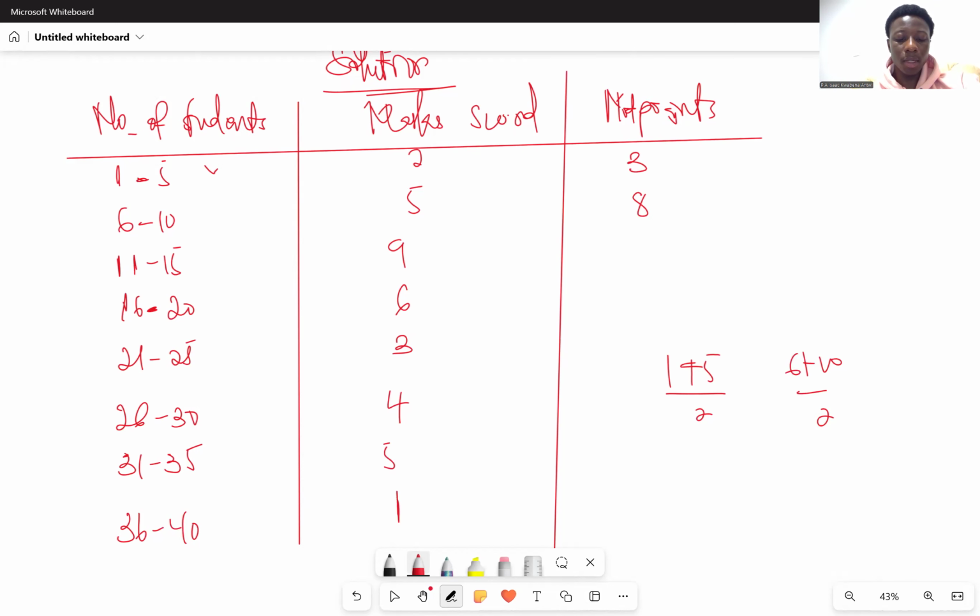Good. So the next one, you have 11 plus 15. Then you divide the result by 2. 11 plus 15 is 26. You divide by 2, you're getting what? 13.